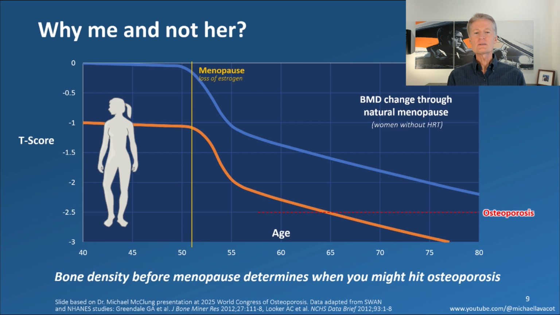And when you look at this, you think, boy, I sure wish there was a way we could get rid of that sudden drop at menopause. And there is a way to do that. Now, the chart that you're looking at here is for women without hormone replacement therapy, so they haven't supplemented that lost estrogen. However, if you do supplement that lost estrogen, you can really flatten out the curve here.